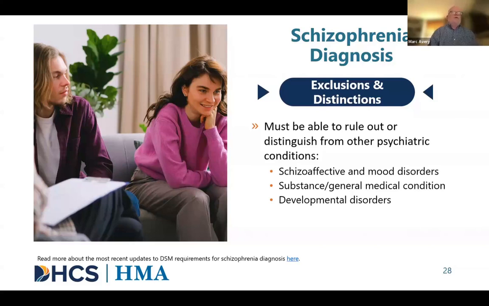You also have to rule out that the psychosis is due to a substance use condition. That would make the other diagnosis the correct one, or a general medical condition. Again, an alternate diagnosis would be correct. And it can't be related specifically to a pervasive developmental disorder. These criteria help clinicians to make sure that they're not misdiagnosing schizophrenia, that is actually a different diagnosis in the DSM.